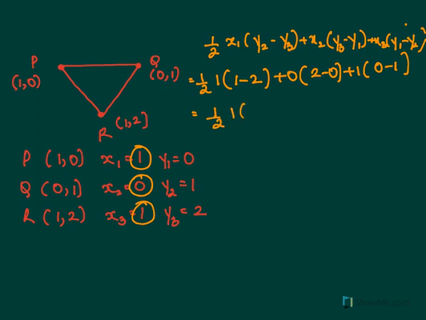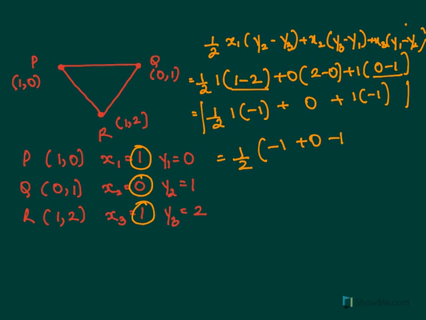So half of 1 times minus 1, 0 into anything is 0, and here 1 into minus 1. Remember we have the modulus sign, so that is half of minus 1 plus 0 minus 1. So half into minus 2, and the answer would be minus 1.